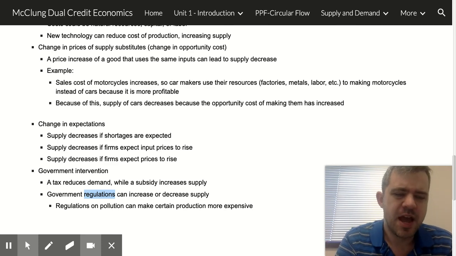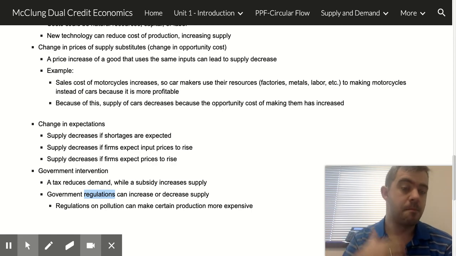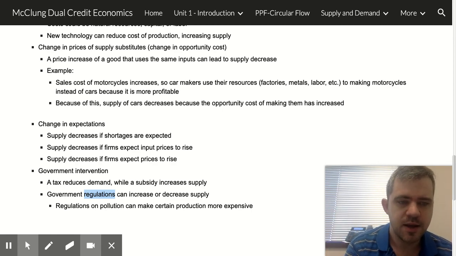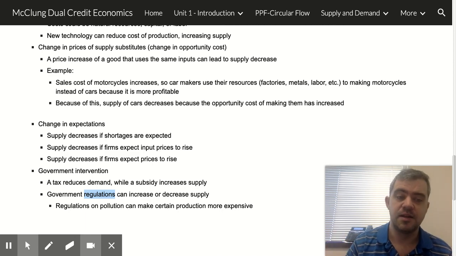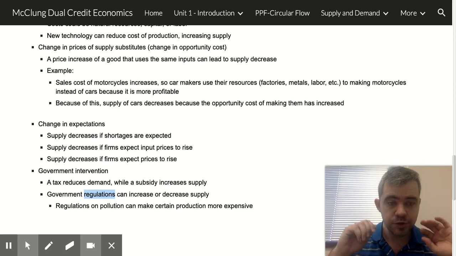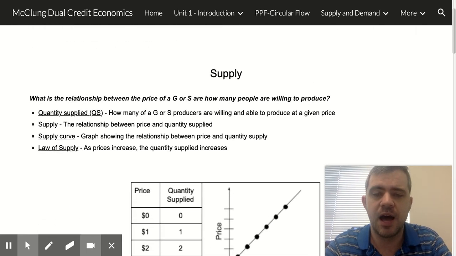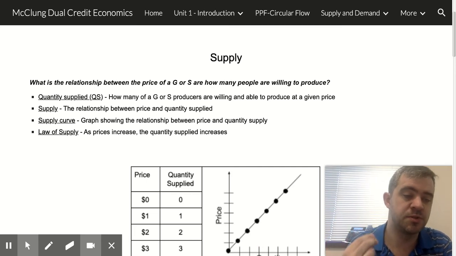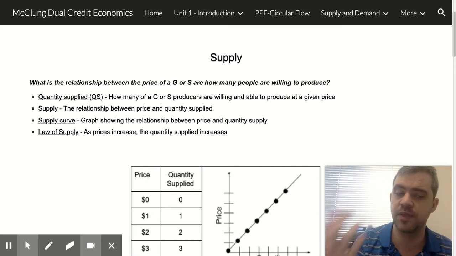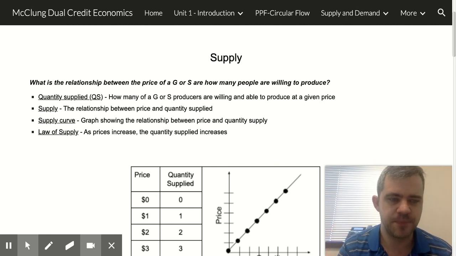A lot of times there are environmental regulations that make it more expensive to produce a product. Again, I'm not saying these are necessarily bad regulations, but we have to keep in mind that it is going to have an effect on these suppliers. So, long story short, on supply, anything that affects how much it costs to produce, whether that's the cost or the opportunity cost, is going to affect supply.